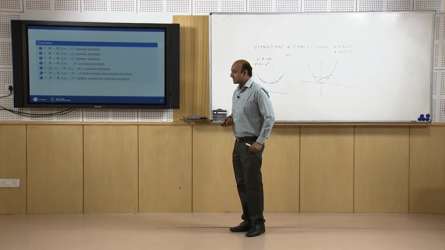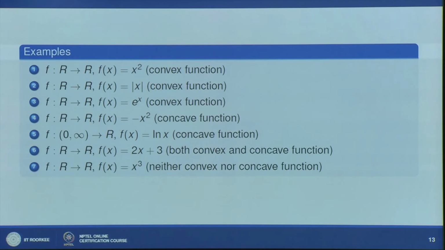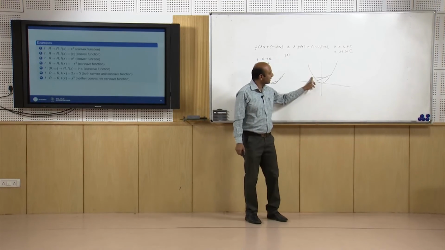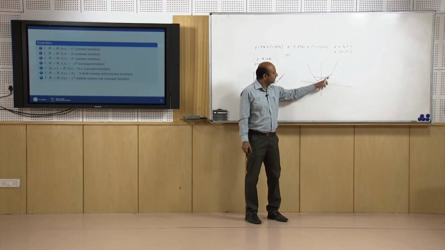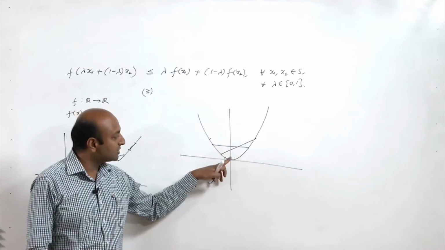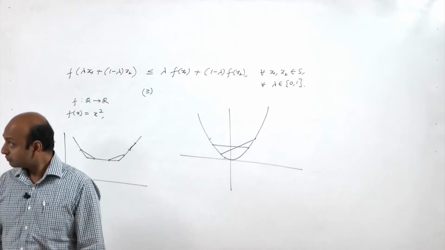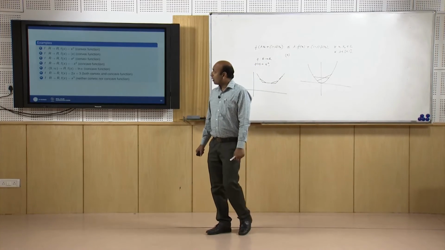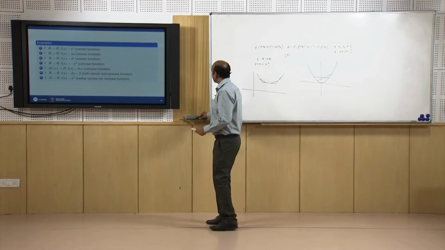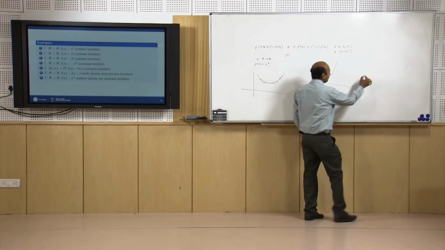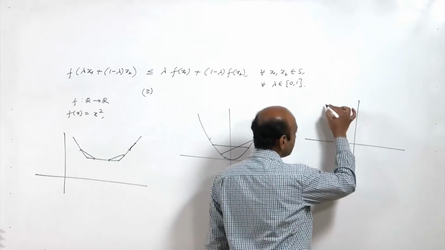On similar lines, here are some examples. X square is a convex function, which you have already seen, because if you take any 2 arbitrary points and join the chord, the chord joining these 2 points always lies above or on the curve. Mod x is also a convex function because when you plot mod x, it is something like this.